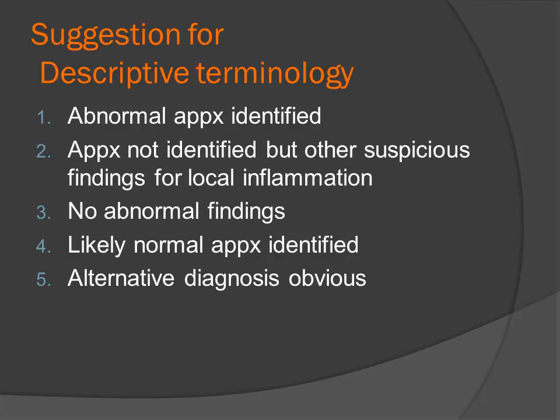If there are supporting signs, but I haven't formally identified the appendix in two planes, then I'll say that's suspicious. If there are no findings either way, we need to be definite on this.